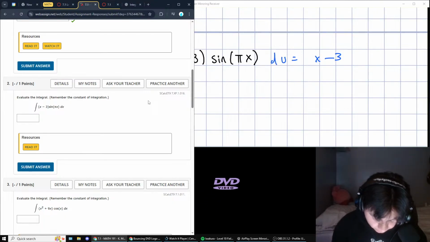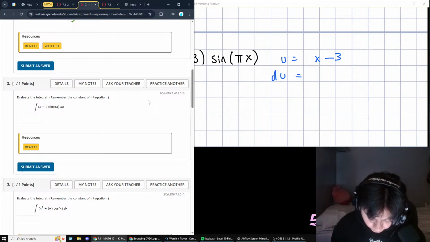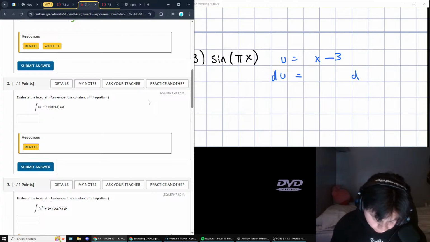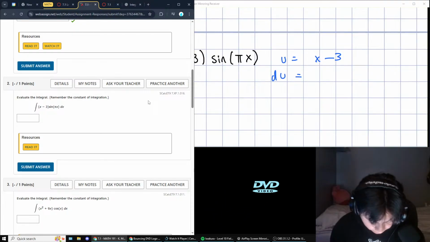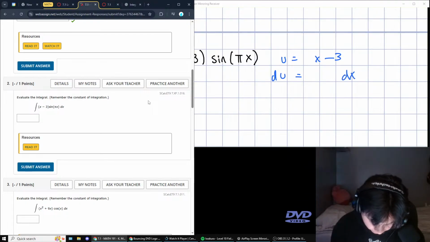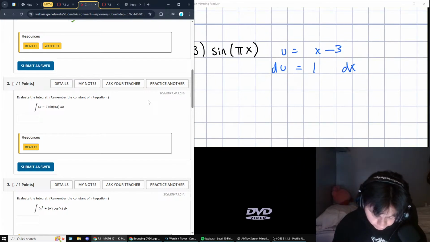Then du, the derivative of this being one dx. Yeah, that makes sense.